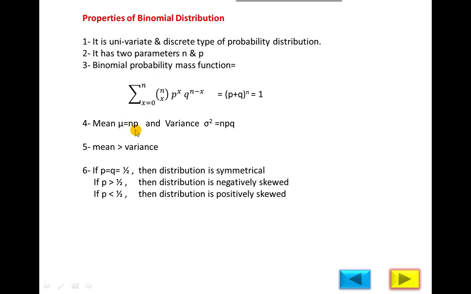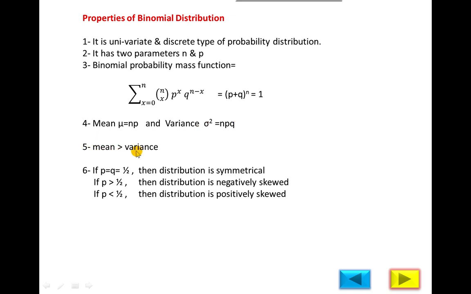Without any frequency distribution table, if you multiply the number of trials with the probability of success, you will obtain the mean of the data. And variance sigma square will be equal to npq, where q is equal to 1 minus p. And standard deviation sigma will be the square root of npq.